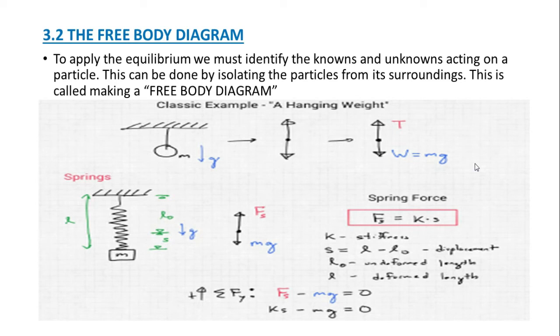But when a weight is applied on the spring, it will undergo some deformation, which we can call S, and the total length we can call L. Okay, so when the spring is there, you know that the spring force Fs must be equal to the weight mg, and this spring force will be equal to K times S, where S is basically the deformation that the spring has undergone.